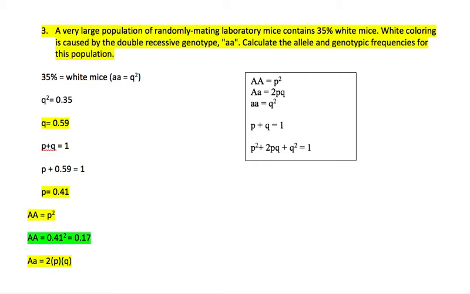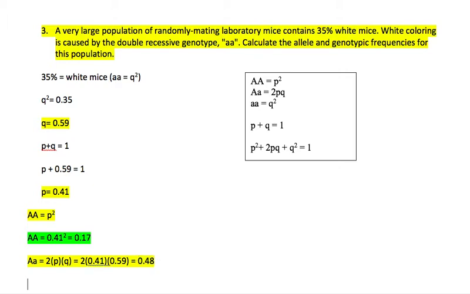There we go. Okay. 2 times p, which is 0.41, times q, which is 0.59. That is going to give us the answer of 0.48.